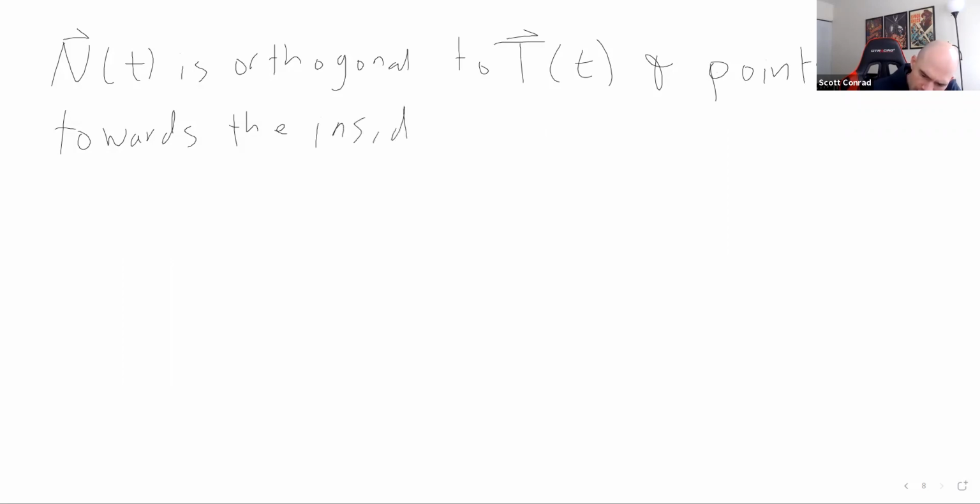The book says inside of the curve. I would say it's going to point towards the direction you're changing. If you're turning, it's going to point towards the direction of turn. It's going to point in the direction you're turning.